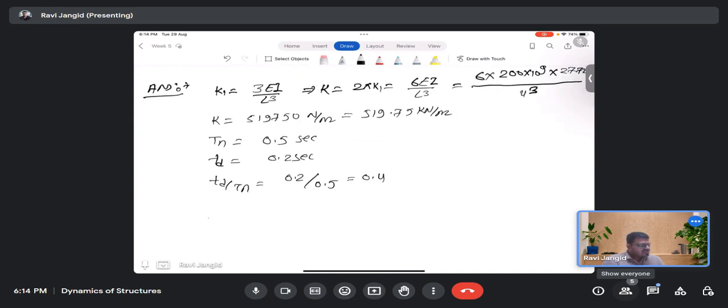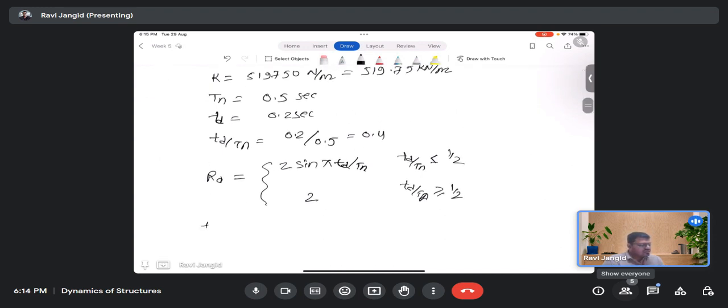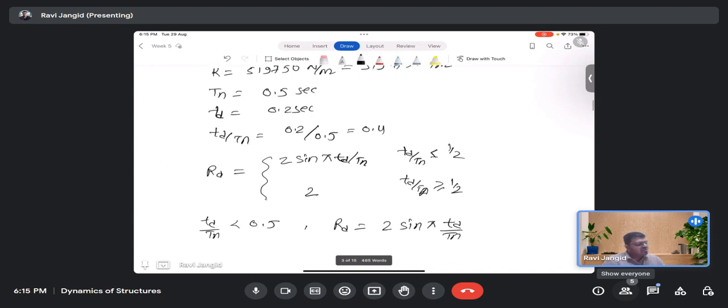For the rectangular pulse, Rd is given as 2 sine pi Td by Tn if Td by Tn is less than or equal to 1 by 2, and if Td by Tn is greater than or equal to 1 by 2, then Rd is 2. In this case, our Td by Tn is less than 0.5, so our Rd would be given by 2 sine pi Td by Tn. Can you calculate the Rd value for me?